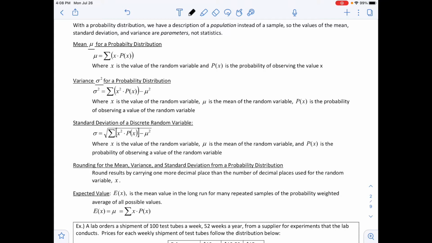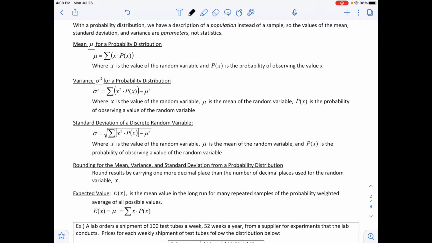The mean, mu, for a probability distribution is equal to the sum of x times p of x, where x is the value of the random variable and p is the probability that correlates with it. The variance is the sum of x squared times the probability, minus your mean squared.